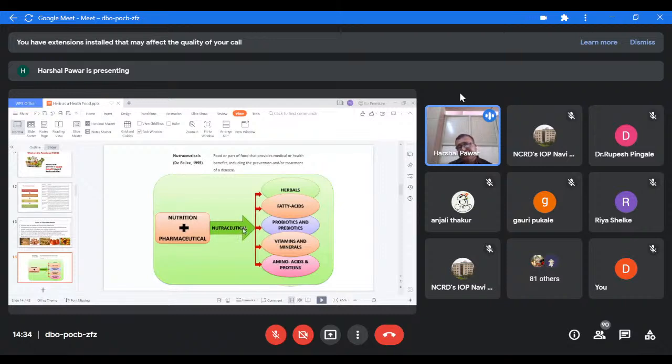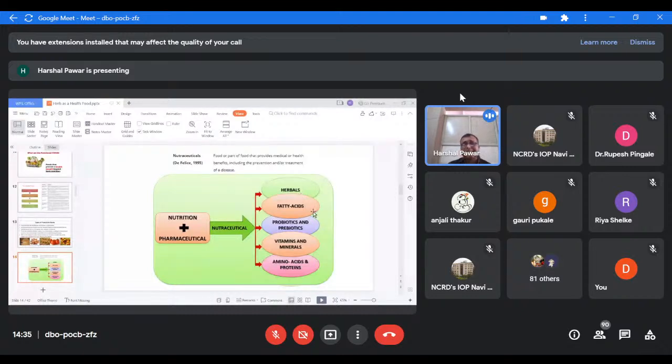So these nutraceuticals can be classified under different categories, like nutraceuticals obtained from the herbal sources. So, in certain cases, we are using certain herbal components or ingredients, or as such, the isolated phytoconstituents.